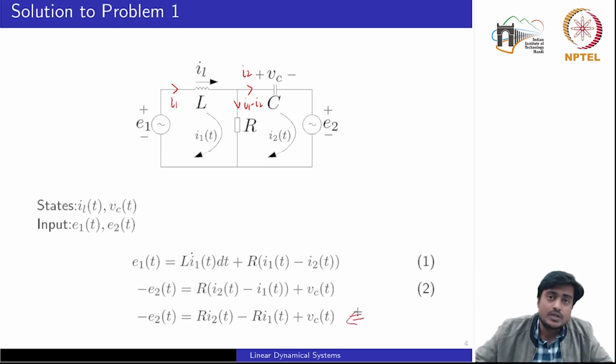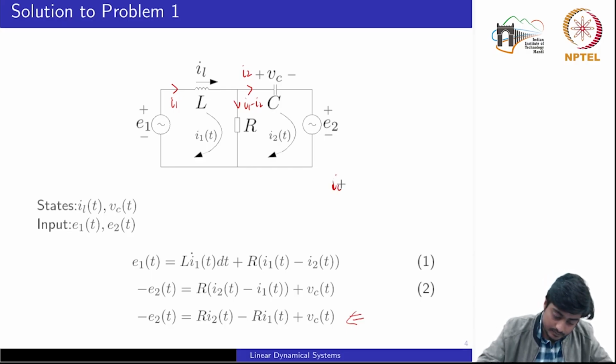Now since we have chosen two different states, IL and VC, we want to represent these two basic equations in the form of the derivative of IL and the derivative of VC, so that we can form our state vector derivative, which is x dot.